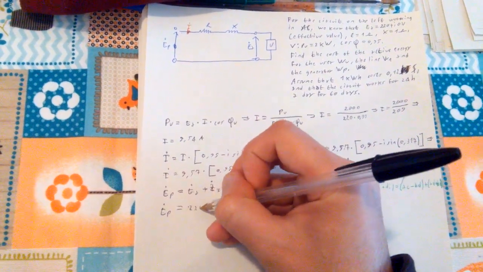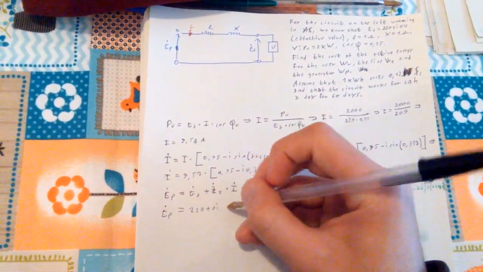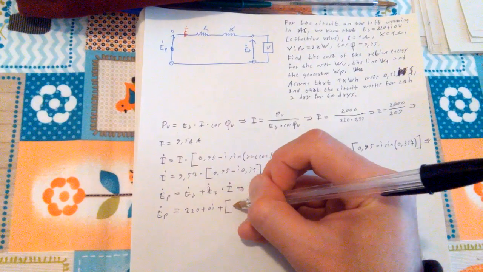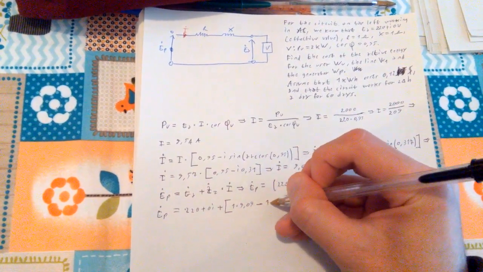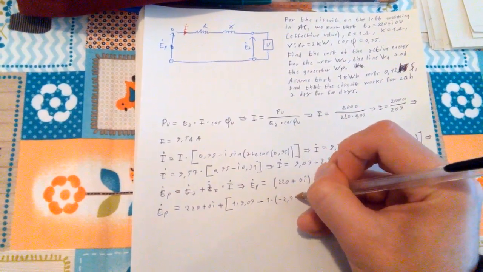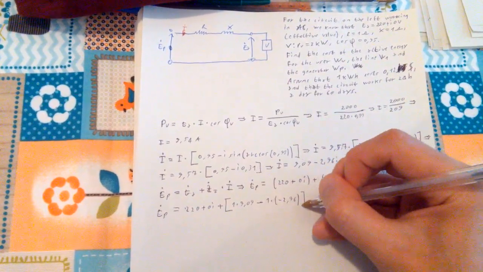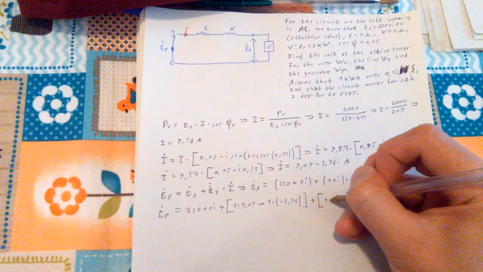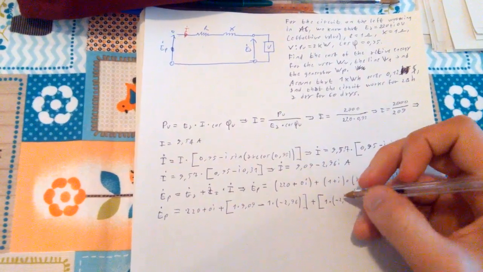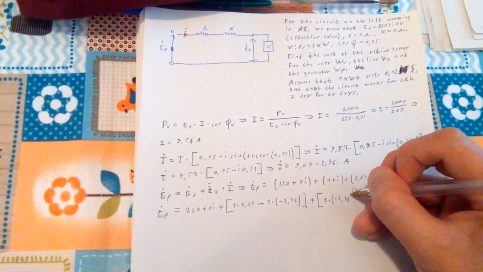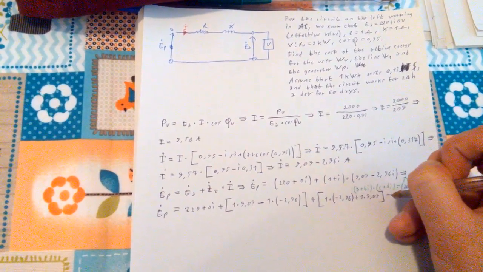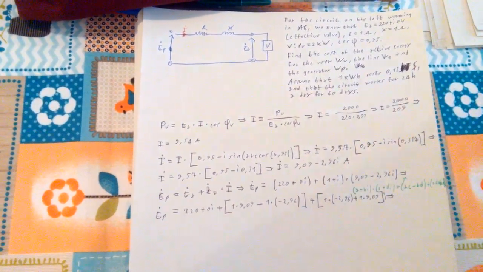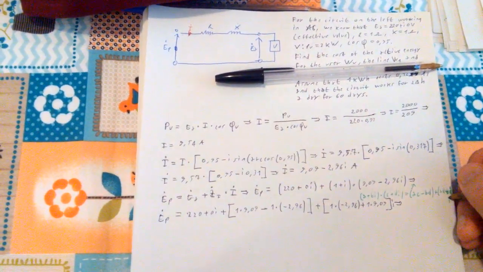So 220 plus 0I plus 1 times 9.09 minus 1 times negative 2.96 plus 1 times negative 2.96 plus 1 times 9.09 I, of course. The last term is with I.